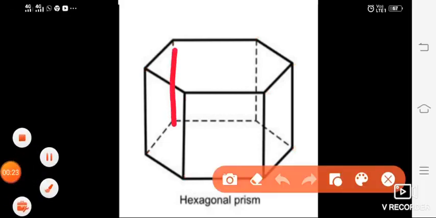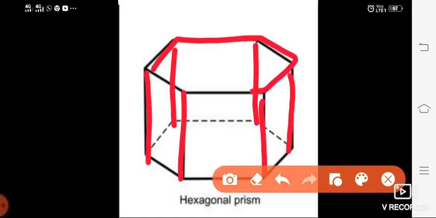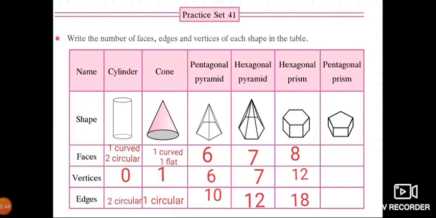So see 1, 2, 3, 4, 5, 6. Then 7, 8, 9, 10, 11, 12. 13, 14, 15, 16, 17, 18. Number of edges. Now we'll write this in the table. So the hexagonal prism has 8 faces, 12 vertices and 18 edges.